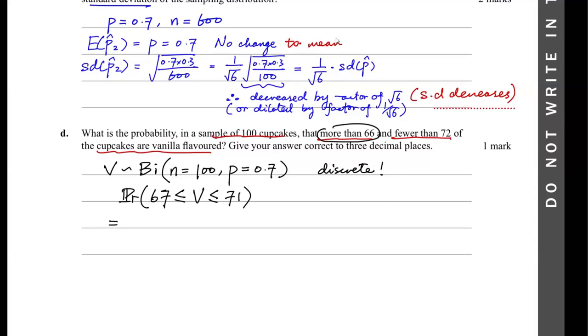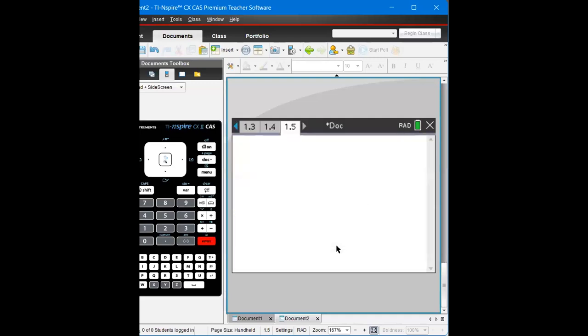So looking at a binom CDF, 100, 0.7, 67, 71. So the answer is 0.4024797, etc. To 3 decimal places, 0.402, I suppose.